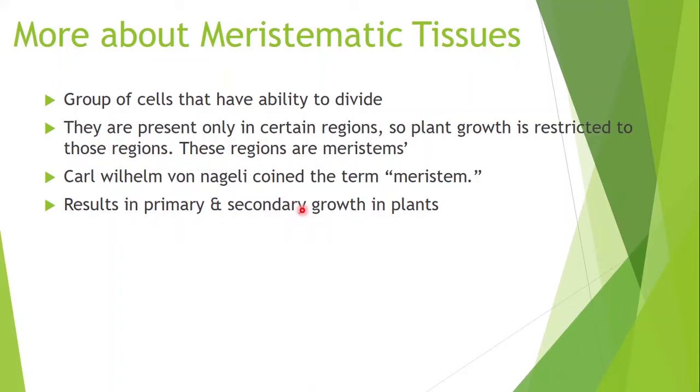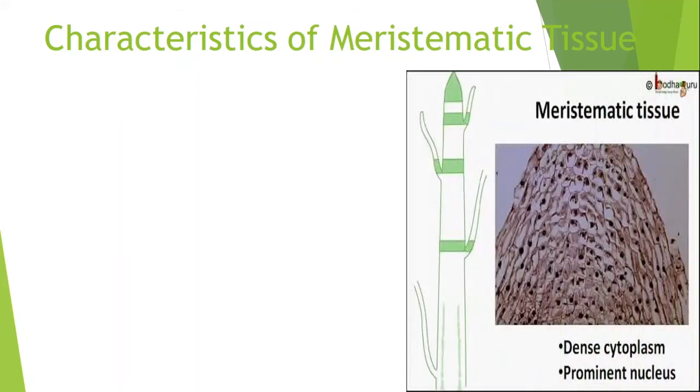So primary growth is always lengthwise and secondary growth is widthwise. Now I think you will understand it clearly. If you have not understood, please repeat this slide and then read the NCERT book. Now let us look at the characteristics of meristematic tissue.